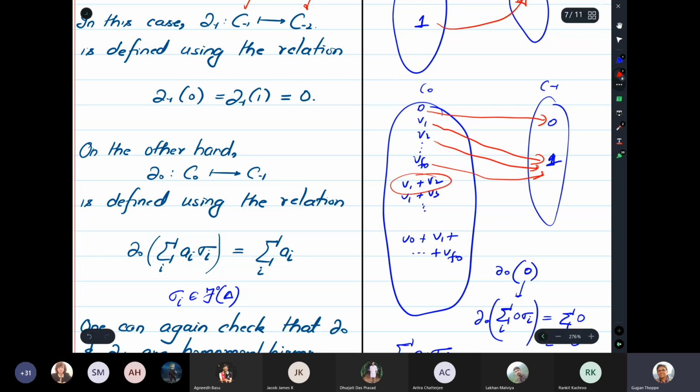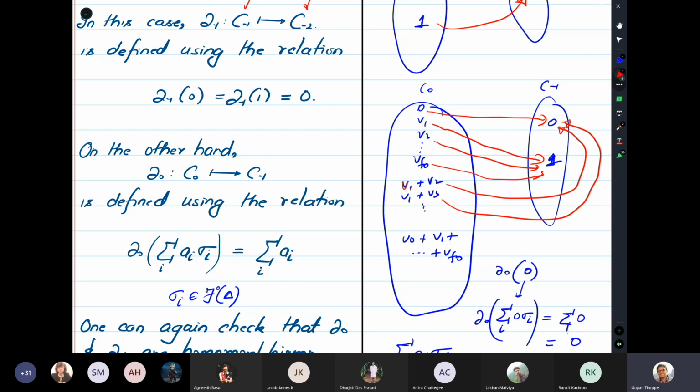However, zero chains which have a support of 2, meaning the coefficient is 1 for exactly 2 elements, will get mapped to 0. So if the support is over an even number of elements, those will get mapped to 0, and if the support is over an odd number of elements, those will get mapped to 1.